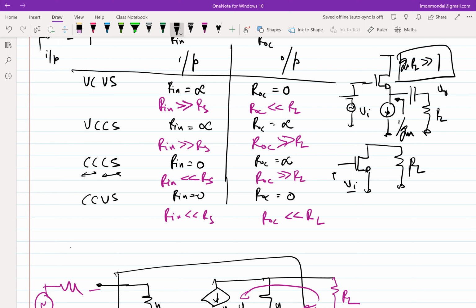Output is a current source. So this is a voltage controlled current source because in this case we have assumed the output impedance to be infinity.